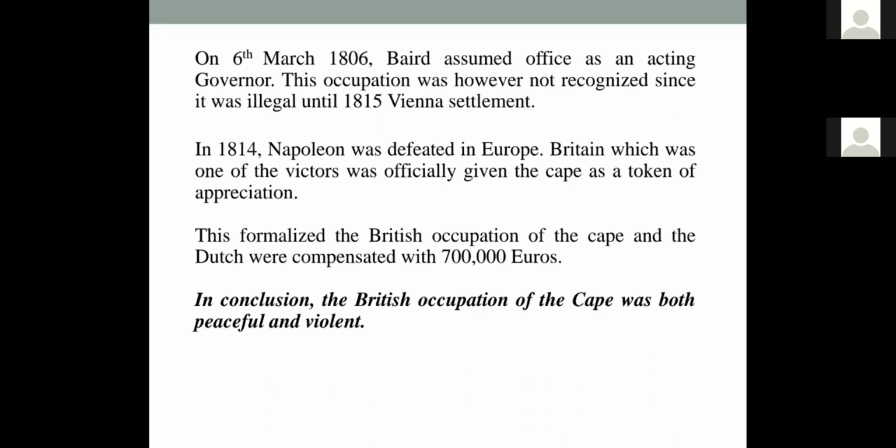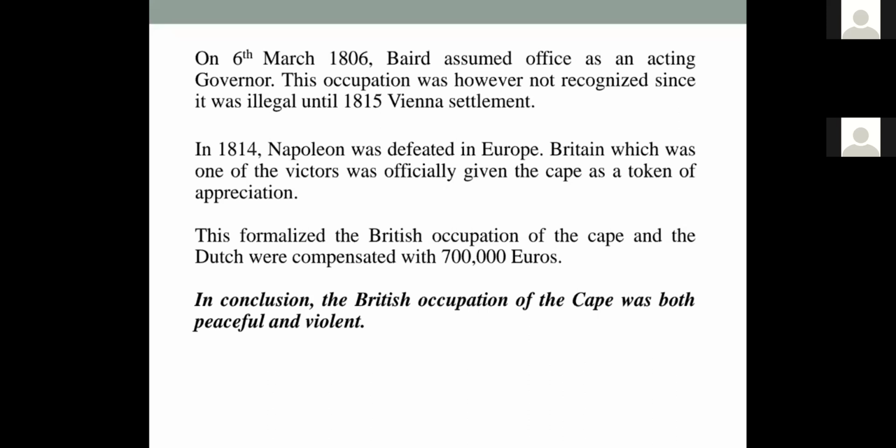I have one more question, please. In the Vienna settlement, when the countries went to Vienna to form peace, when did they sign a treaty, like they did with the Treaty of Versailles? They signed what we call the Vienna Peace Settlement of 1815.